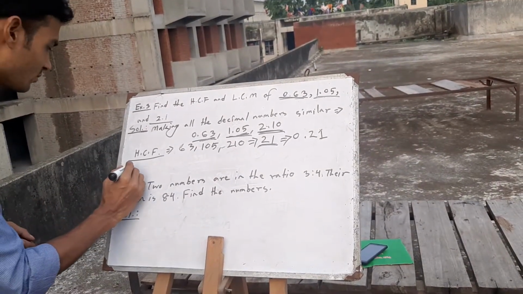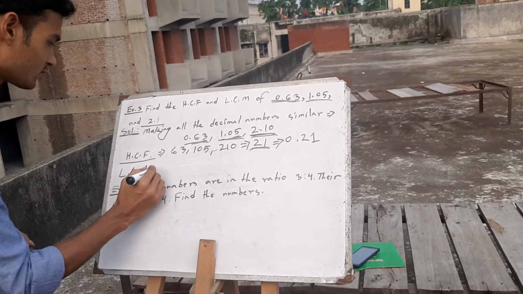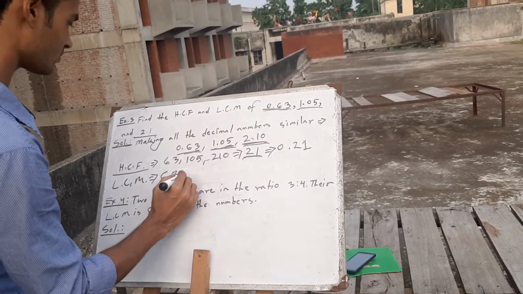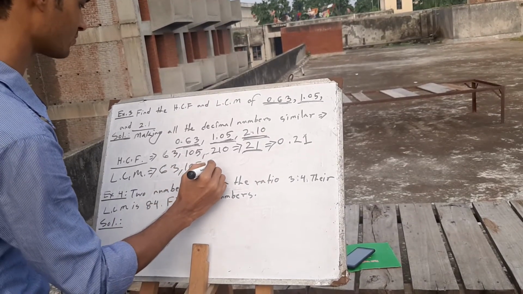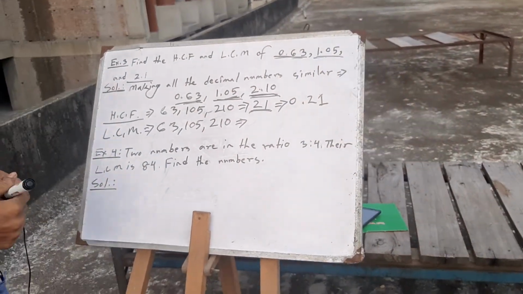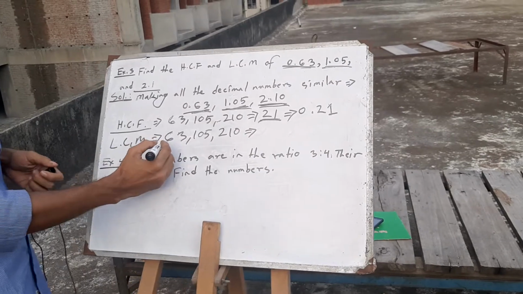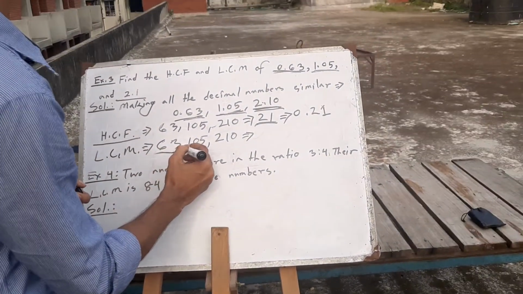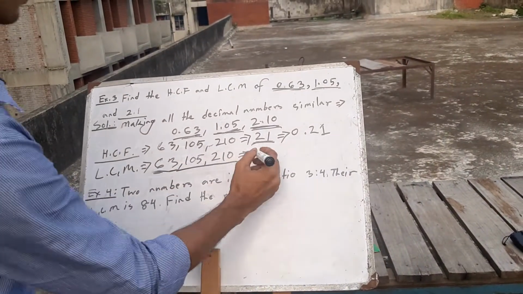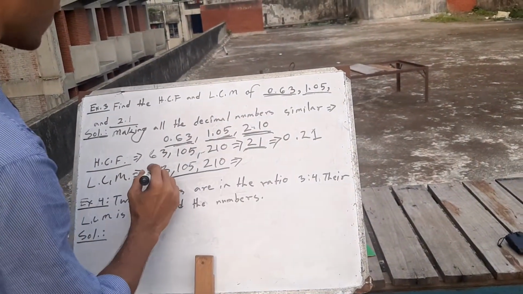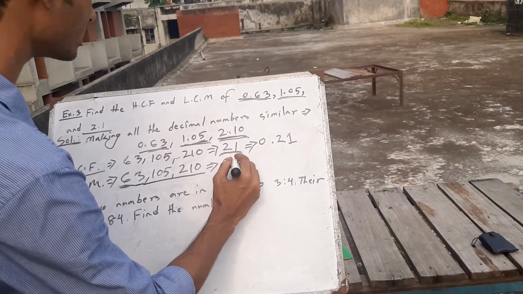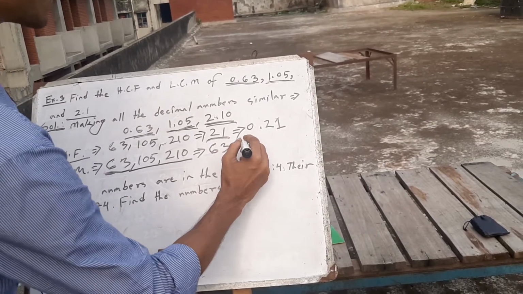Then go for the L.C.M. The process is the same for L.C.M: to identify the L.C.M of the three numbers 63, 105 and 210. We found that our L.C.M for the numbers 63, 105 and 210 is 630.